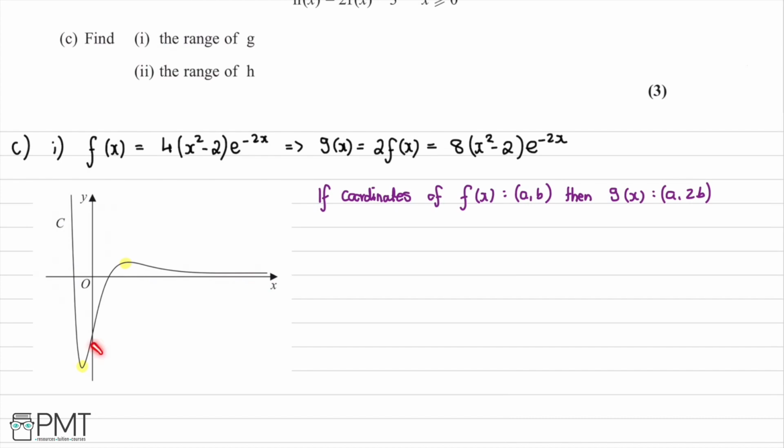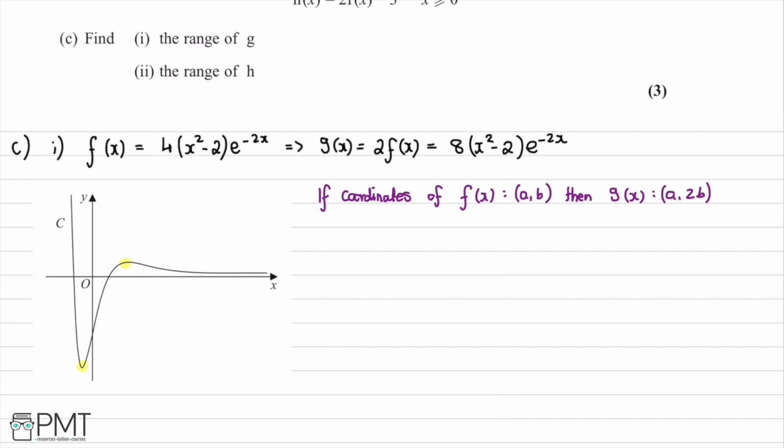So we can see here on the graph that the lower limit of the range of g of x is going to occur here, because this is the low point of the function. And what is that? We know that's the minimum stationary point. We had two stationary points, and they had x coordinates 2 and -1. So we know this is going to be the one with the x coordinate -1.